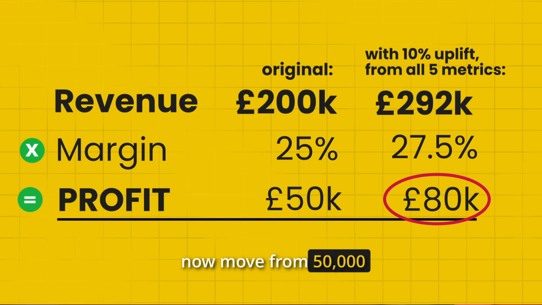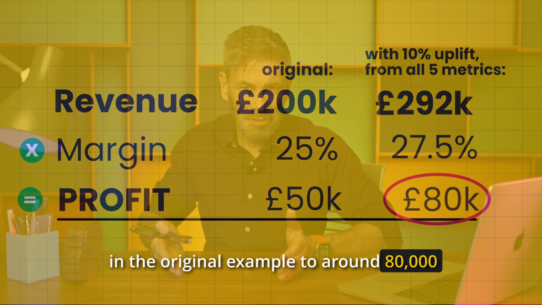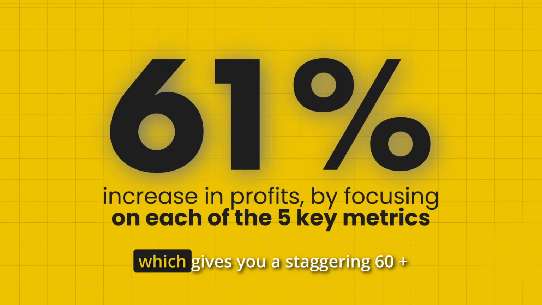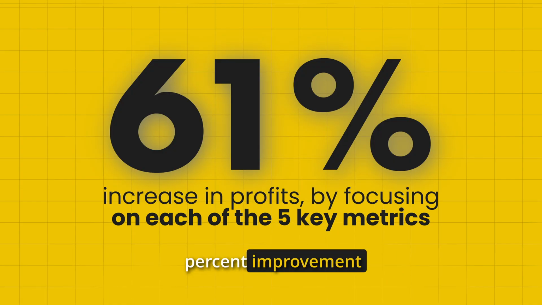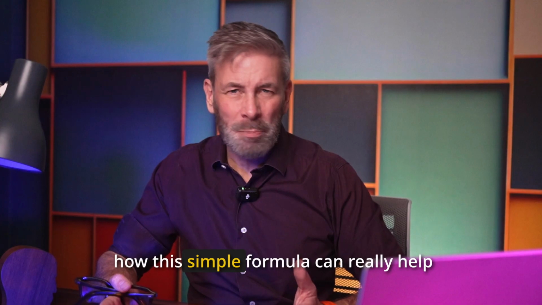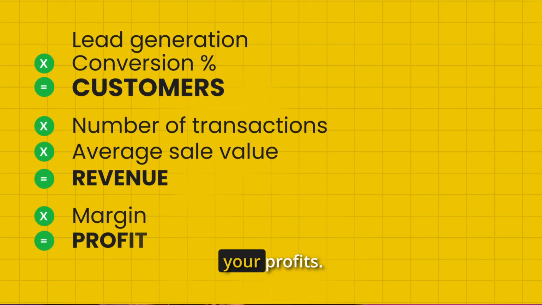And we now move from 50,000 in the original example to around 80,000 by applying 10% improvement in all of our metrics, which gives you a staggering 60-odd% improvement in profit. So that vividly shows how this simple formula can really help drive big improvements in your profits.